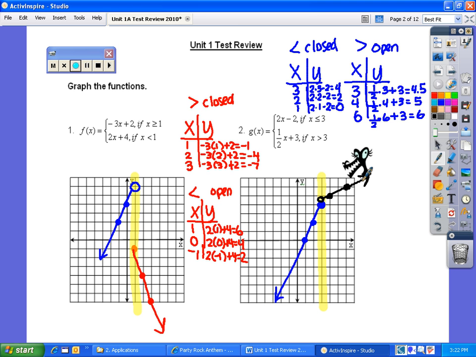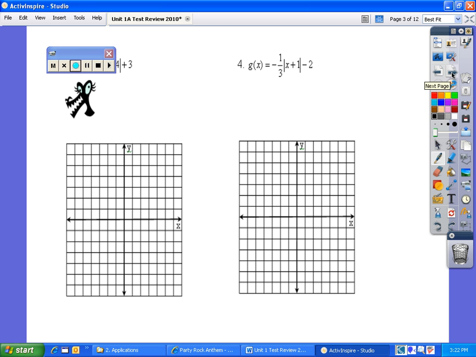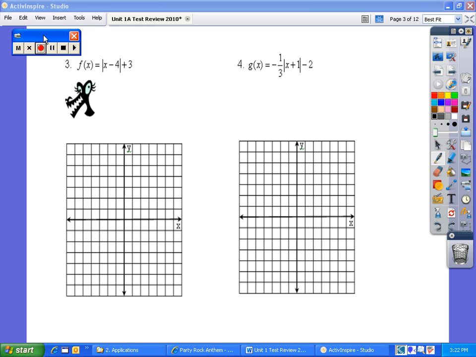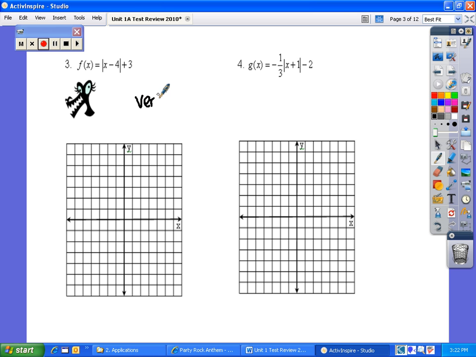Okay, let's take a look at the next one. It's an absolute value. Remember what absolute value I told you needed to have 3 things. Those 3 things that you need to have for me is vertex, your A value, and then your graph. So the vertex for this, remember, is always going to be opposite of the first number.